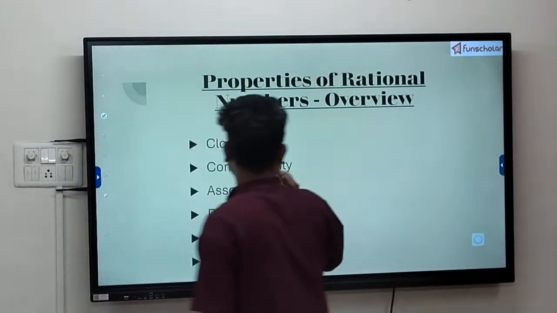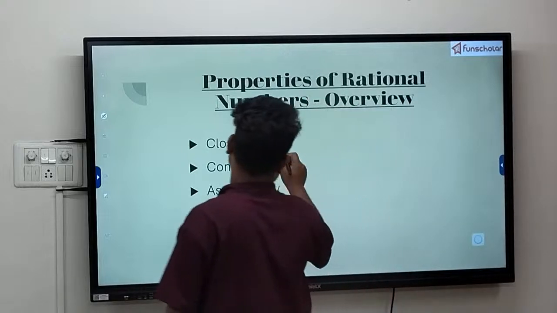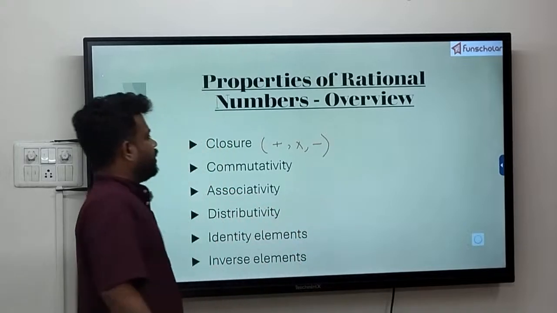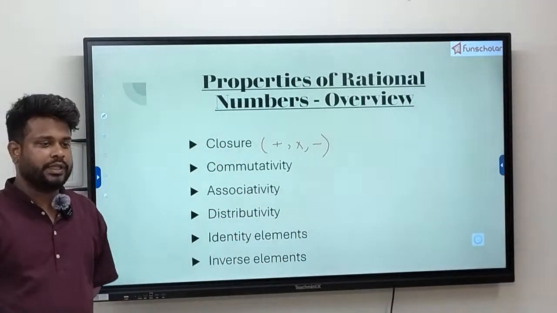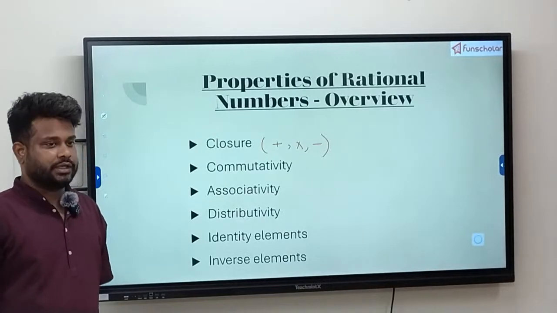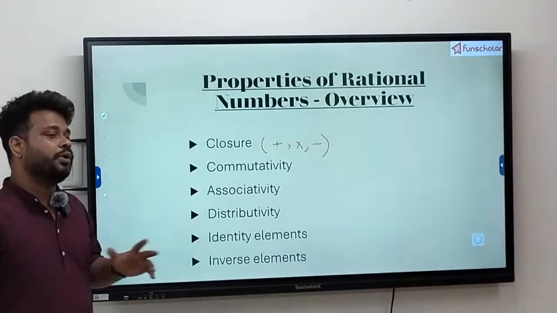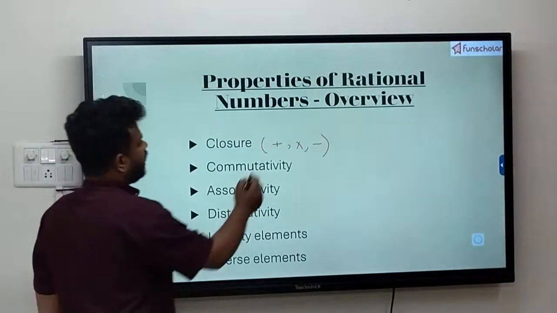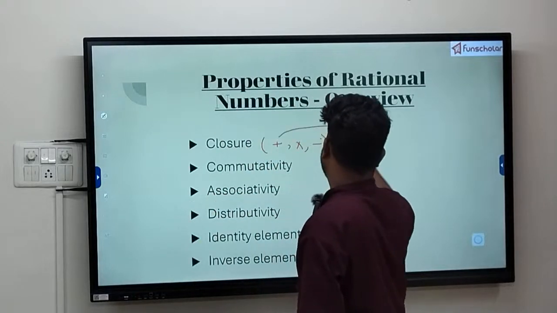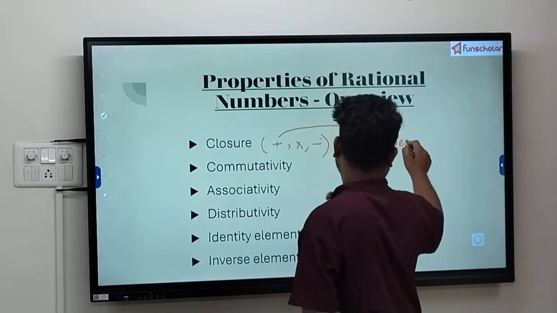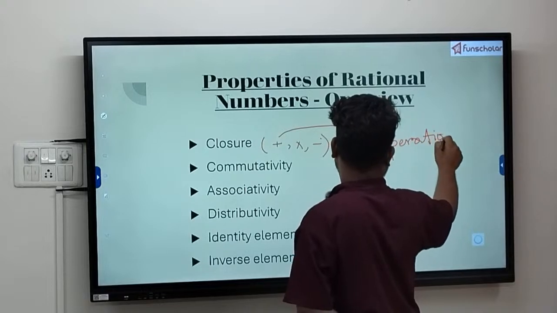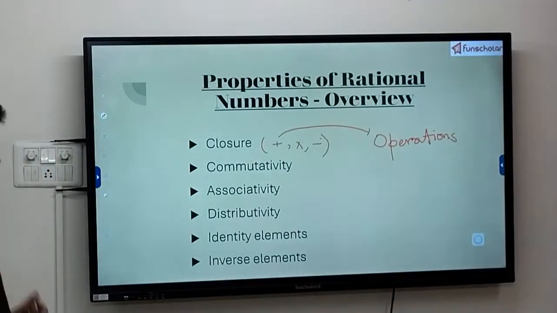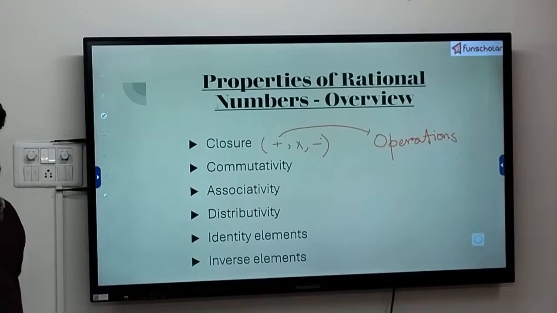If we do plus, minus and multiplication with rational numbers, the answer will also be a rational number. This is called the closure property. These are all called operations in mathematics.